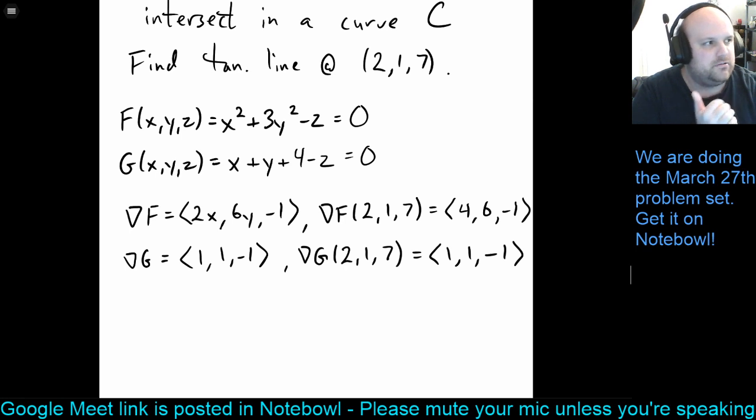So what would I do with these two things to create the tangent vector?